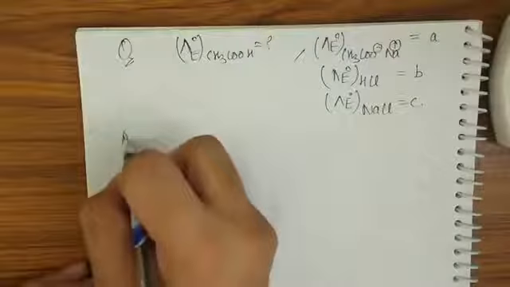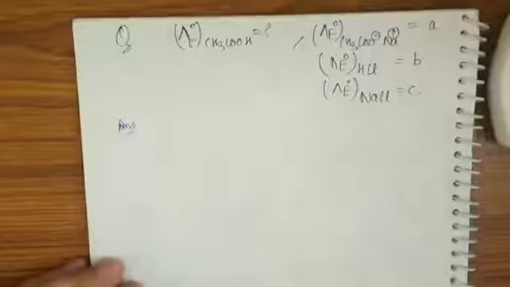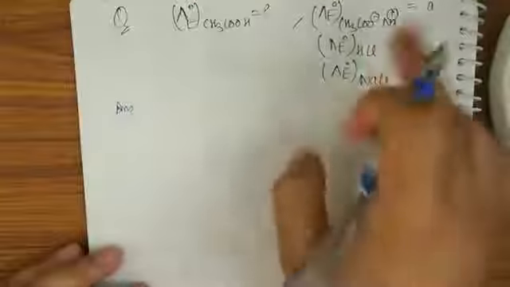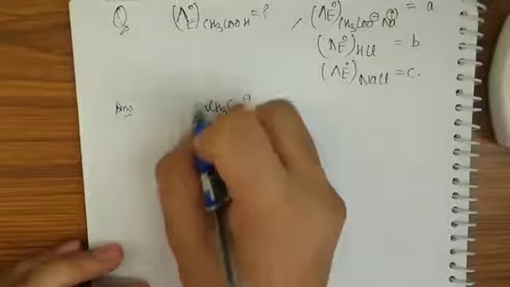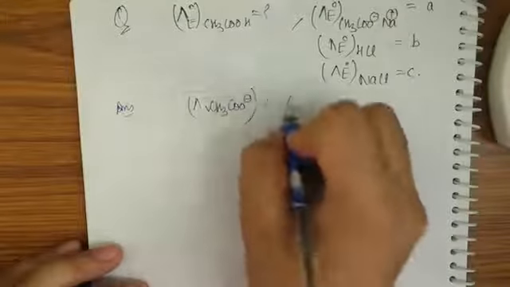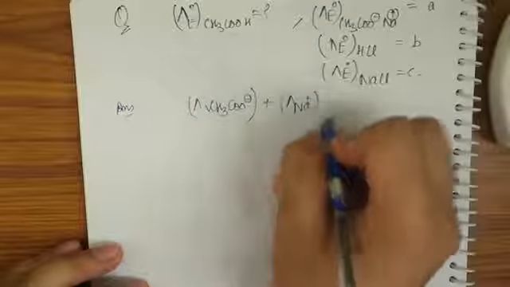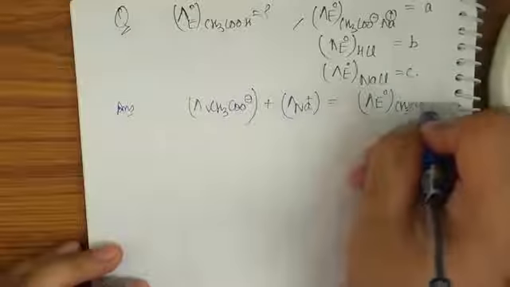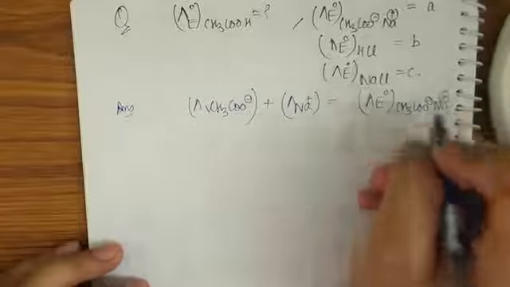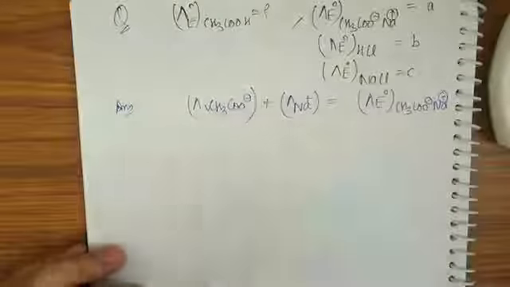Now how to derive? It is the same as what we used to do in thermochemistry. This can be written as lambda of CH3COO⁻ plus lambda of Na⁺ is equal to lambda E of CH3COO⁻ Na⁺, because we know individual conductivities can be added. So we are just adding the basic equations.